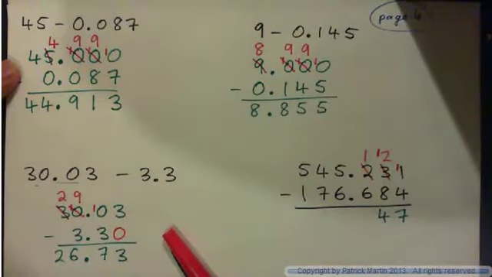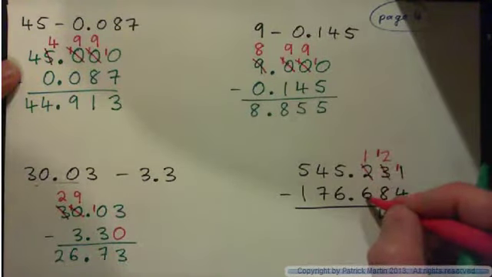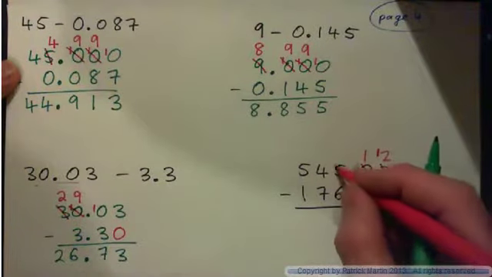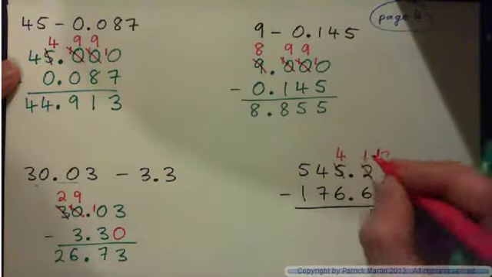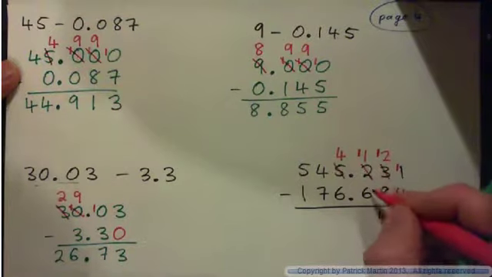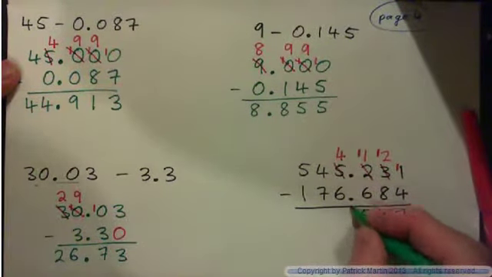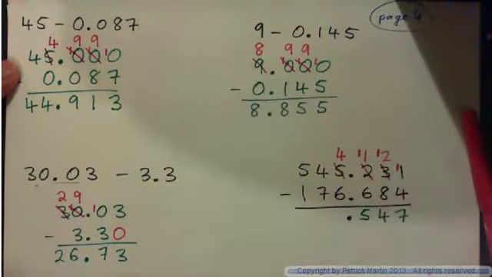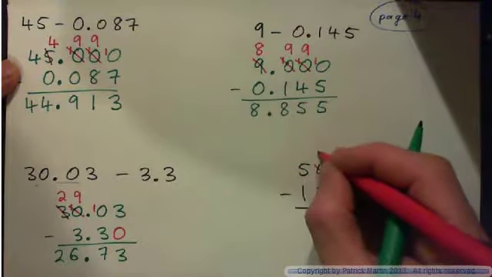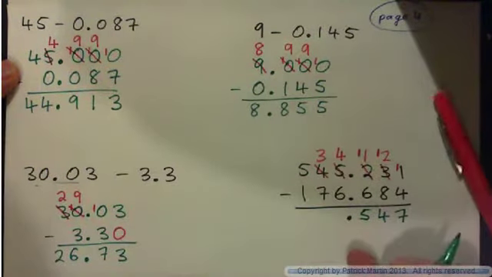Right. Now 1 minus 6 isn't going to work. Got to borrow from here. That becomes a 4. Got to bring a 1 over here. 11 minus 6 is 5. Decimal points underneath each other, like that. 4 minus 6 isn't going to work. Got to borrow from this 4, it becomes a 3, right?